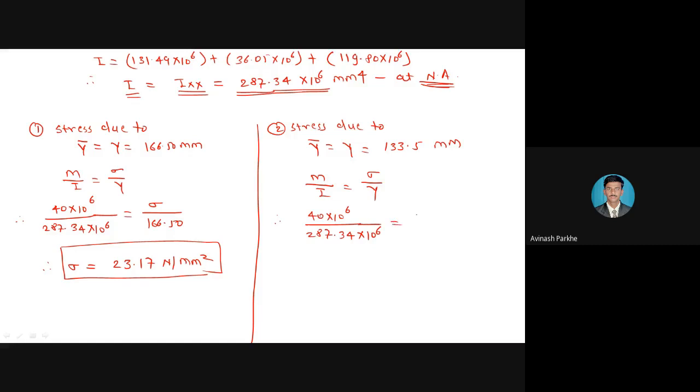Sigma is the unknown parameter, Y means Y bar, 133.5, which is represented above the neutral axis. By using the Y bar 133.5, what is the value of sigma? Yes, 18.58 Newton per mm square.